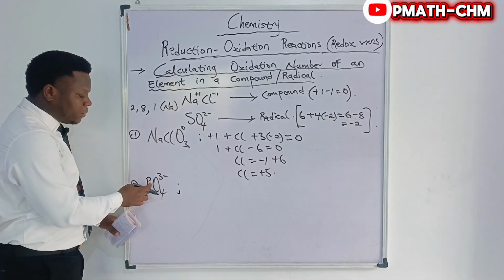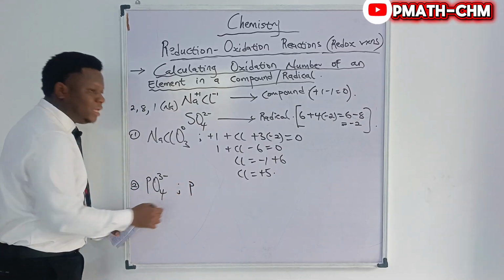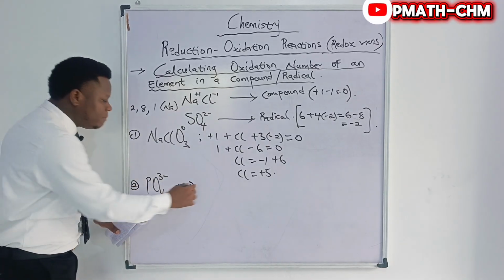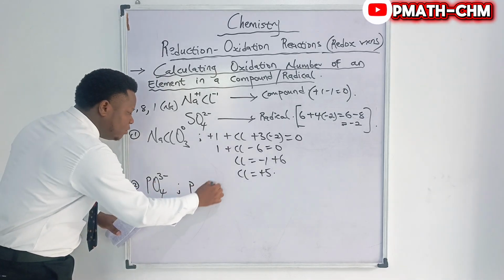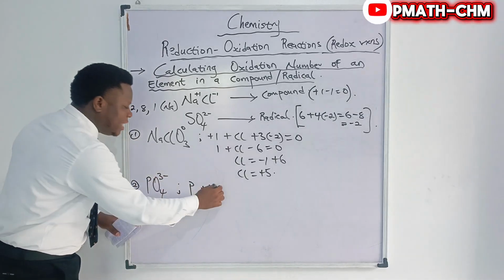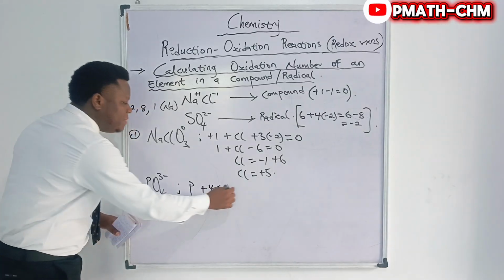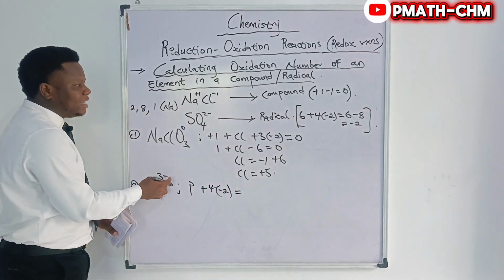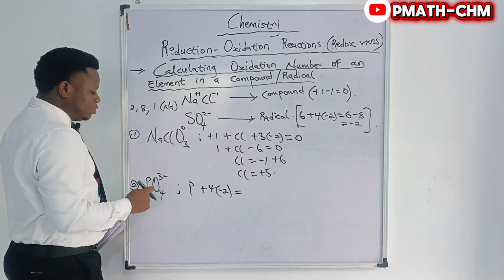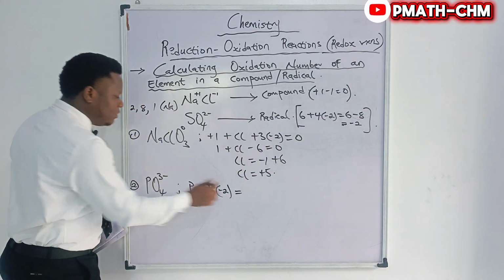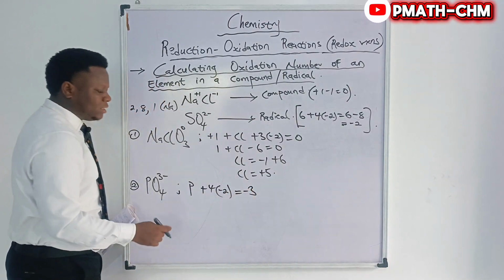We're looking for phosphorus, so you leave it as P. I'm adding up all the oxidation states now. Added to that, we have 4 oxygens here. You write your 4, then you multiply it with -2, I told you oxygen is -2 in most compounds. Then in this case, since it's a radical, it must be equal to the charge of the radical. So for you to get the charge now, you place a -3 here.